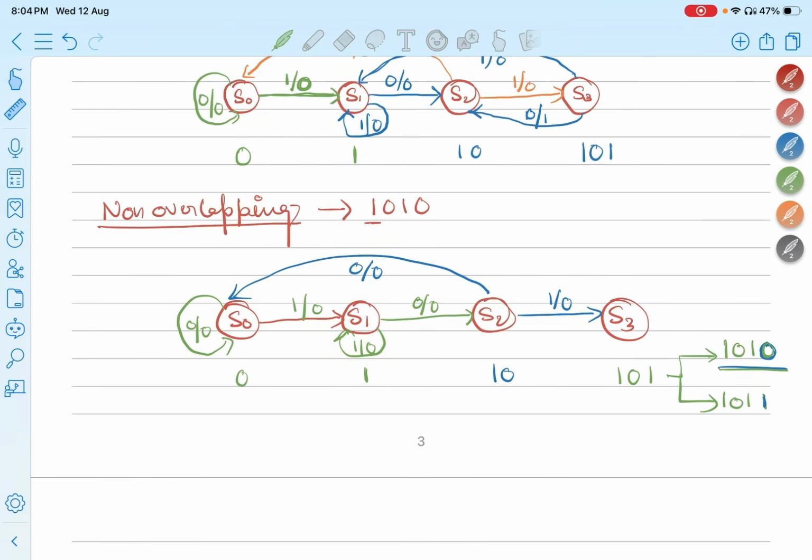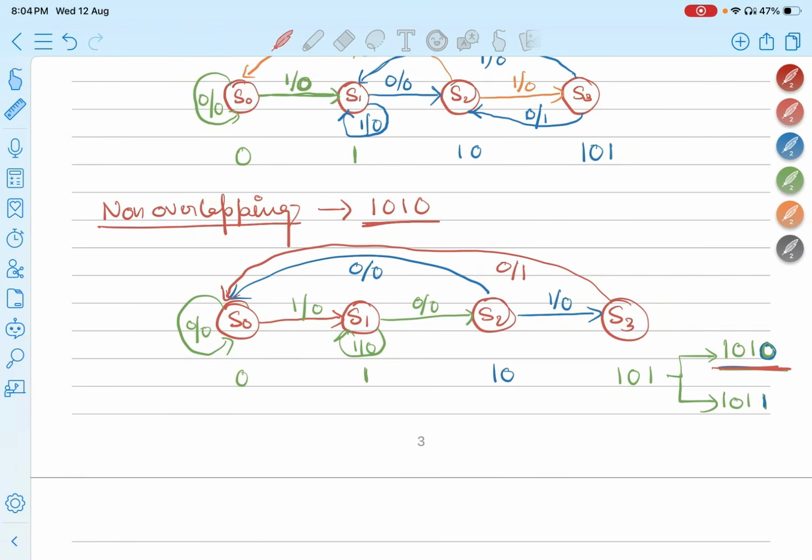We have to check for the last bit, the LSB. It is 0, so it will directly move towards S0. So it will give output 0 by 1 because we have detected 1010.